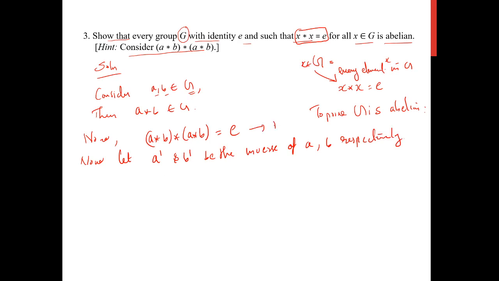Then I'm calling this equation number 1. Now what we will do is I'm multiplying both sides. That is A star B star A star B equal to E. What I am doing is I'm multiplying here A dash star.